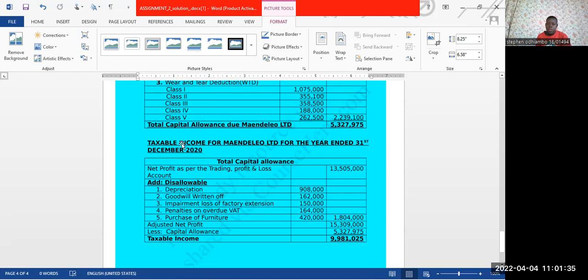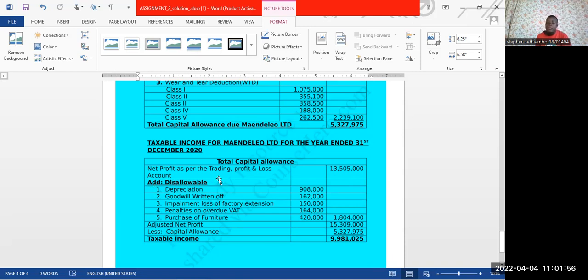So you come here, you give a title, taxable income for Maendeleo Limited for the year ended 35. These are marks. You can get 1 mark for this if you don't know anything about taxable income. So you're supposed to come here, give your heading, then you write total capital allowances, then you write net profit. I have showed you where it is.